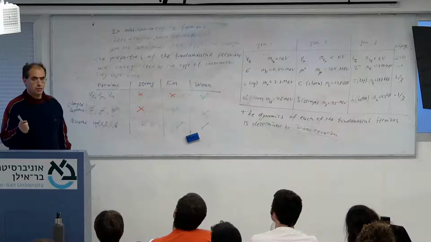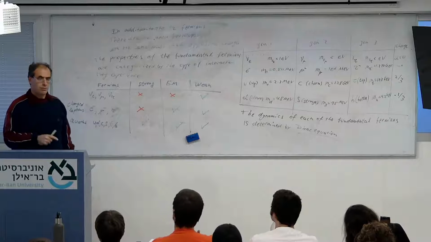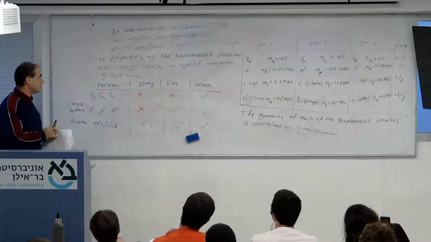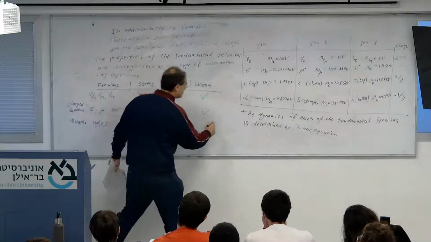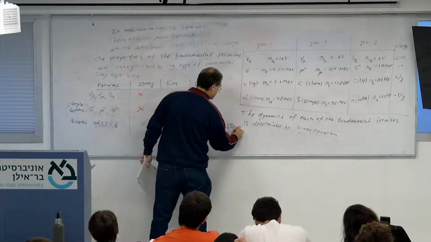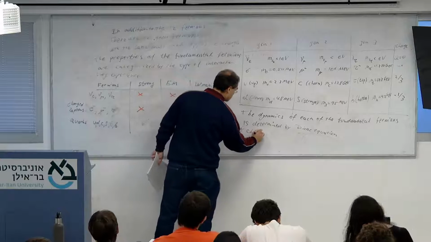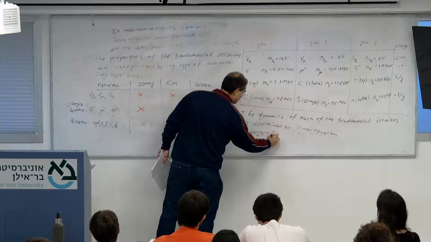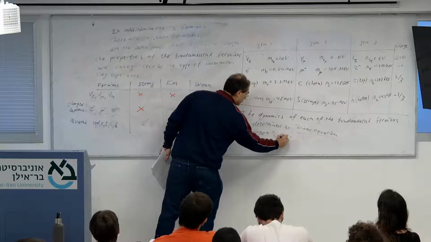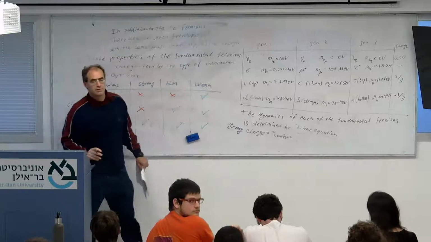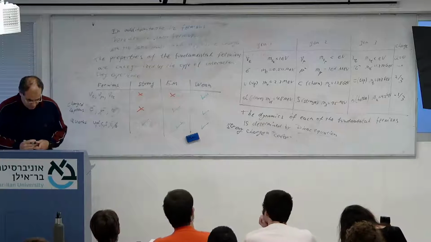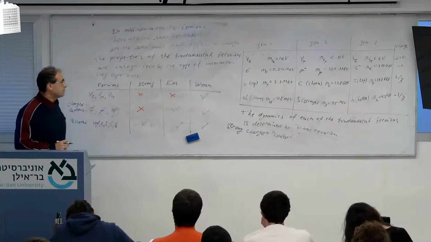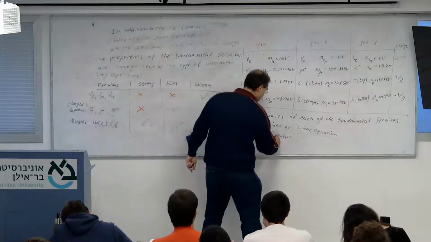Now a strong charge has another name, which is called color. Of course, it's got nothing to do with the colors that we see normally. So it's called a color charge. Color or color charge.